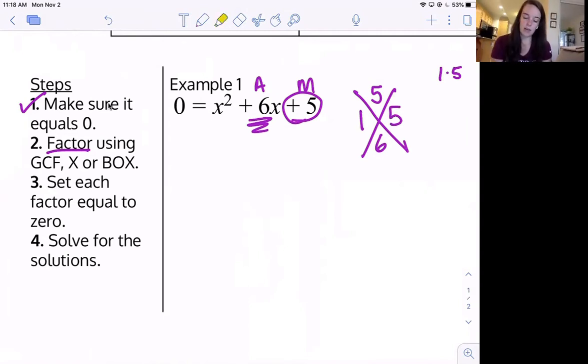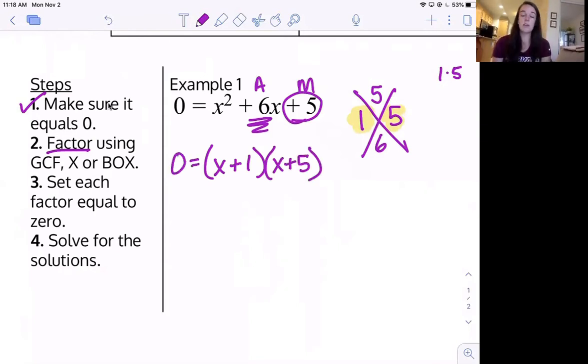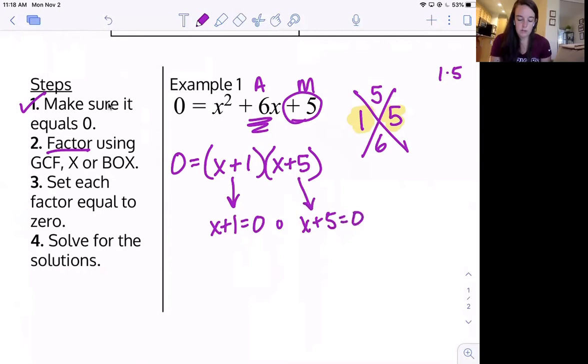Those are my 2 numbers that are going to go into my factored form, x plus 1 times x plus 5, and they equal 0. Since they equal 0, I know that one of them or both of them must be equal to 0. So x plus 1 must be equal to 0, or x plus 5 must be equal to 0.